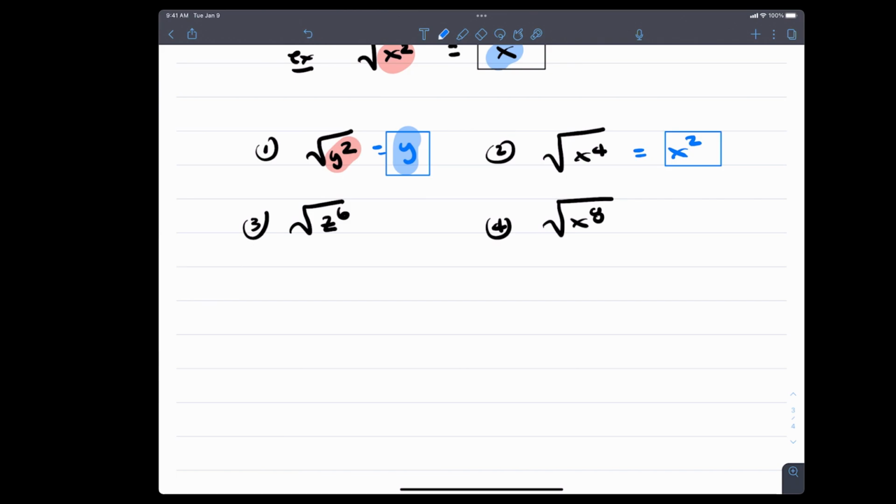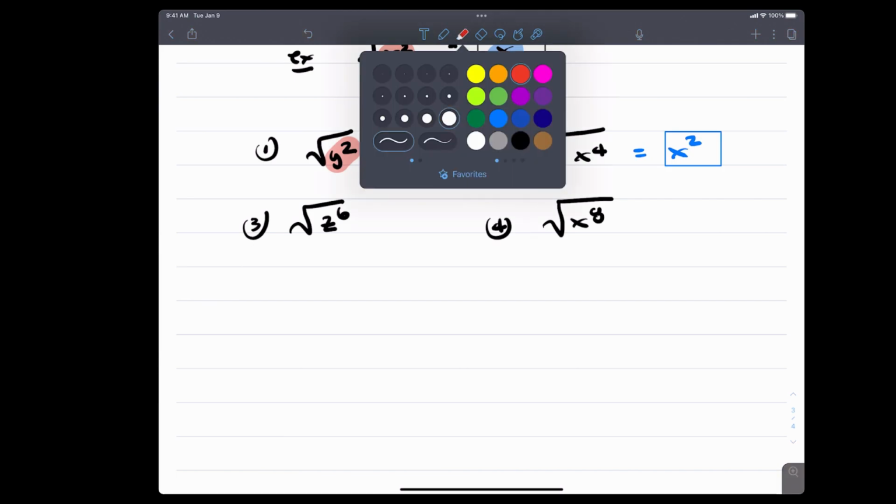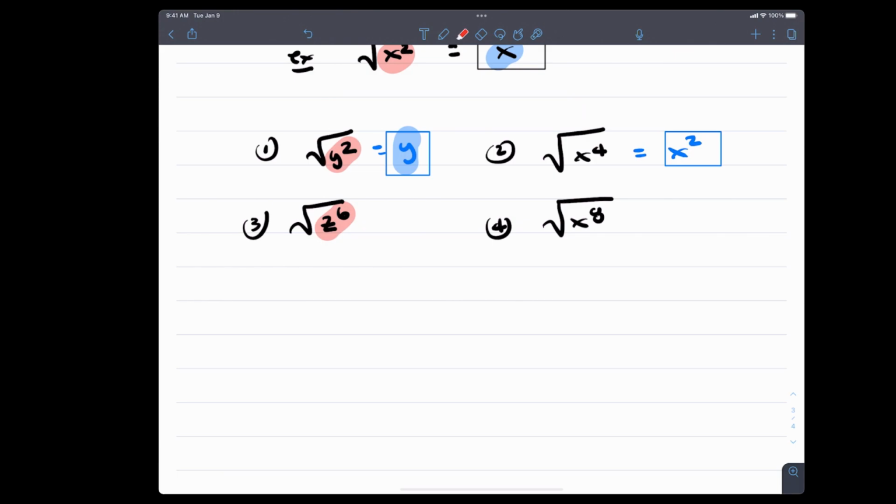What do you think the square root is? Z to the sixth, a perfect square. Right? And x to the eighth, are they perfect squares? What do you think z to the sixth would be if we took the square root of it? Is it z cubed? You guys want to vote on that? Is it z cubed? How do we know?